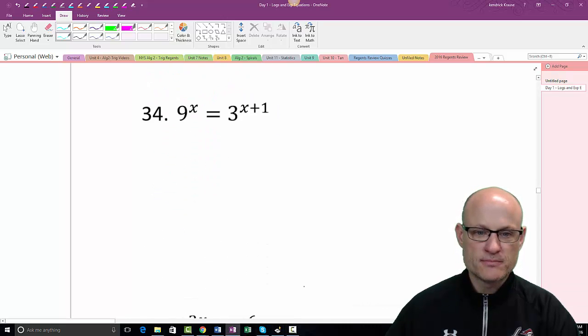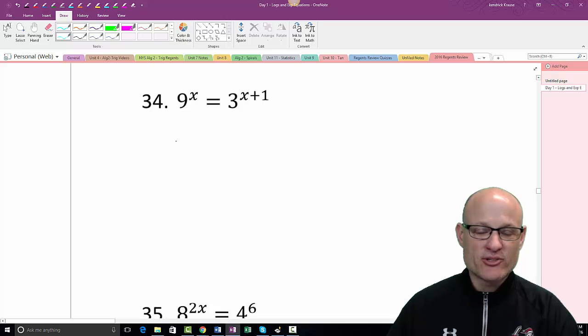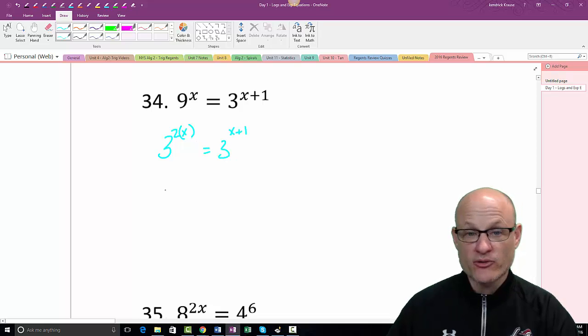One more. All right, they're odd, so I'm going to change it to 3. So this becomes 3 squared times x is equal to 3 to the x plus 1. Now just set the exponents equal to each other. 2x equals x plus 1. Subtract x, and I get x equals 1.